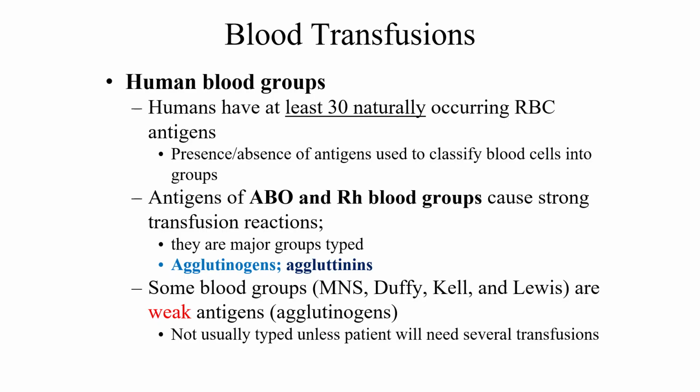Repeated exposure to these minor antigens for these particular patients can potentially cause a reaction, and so that's why for these patients we do pay a little closer attention to these weaker antigens, but for most individuals we're just going to use the ABO and RH blood groups to determine their type.